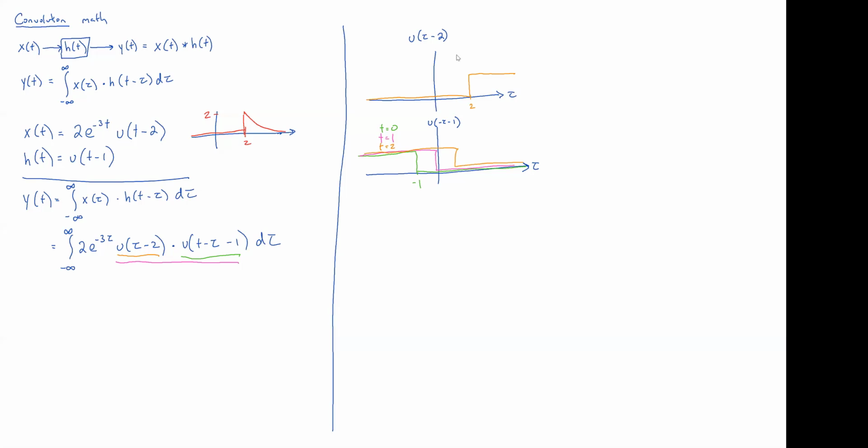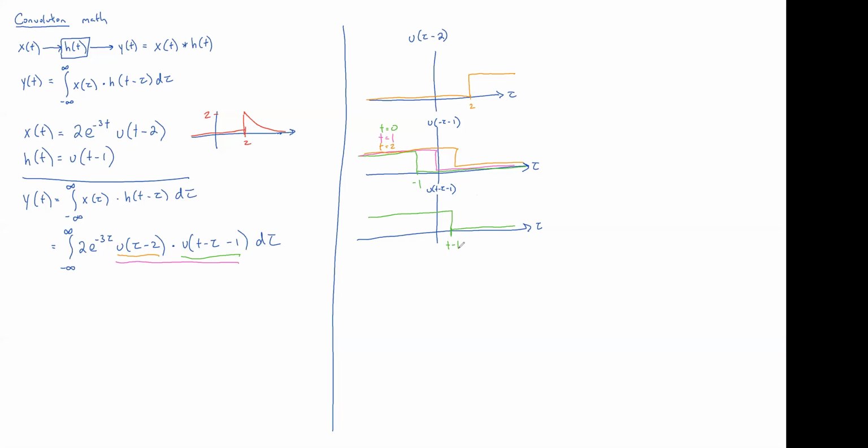So in general, for any value of t at all, this u of t minus tau minus 1 looks like a step that drops down at t minus 1.